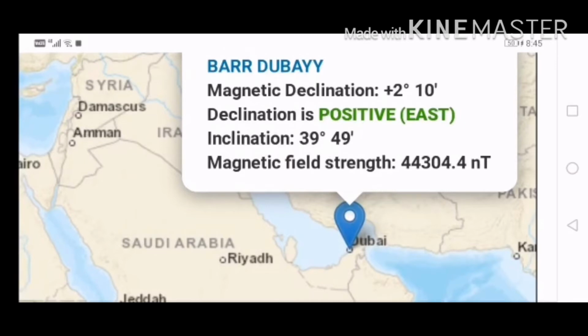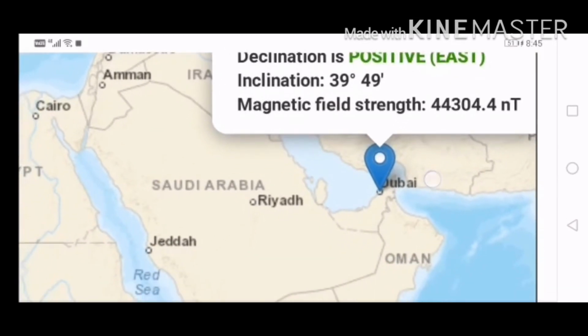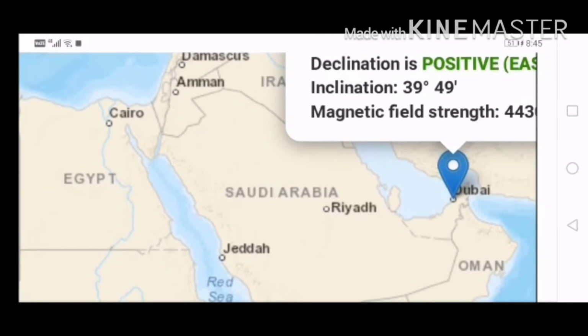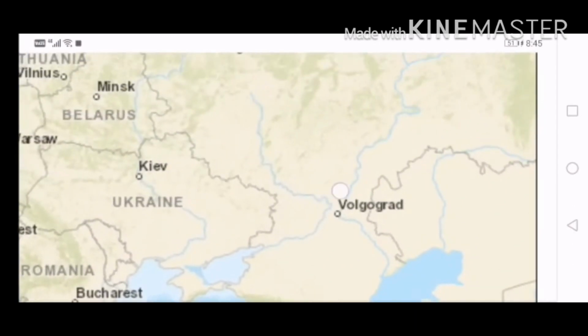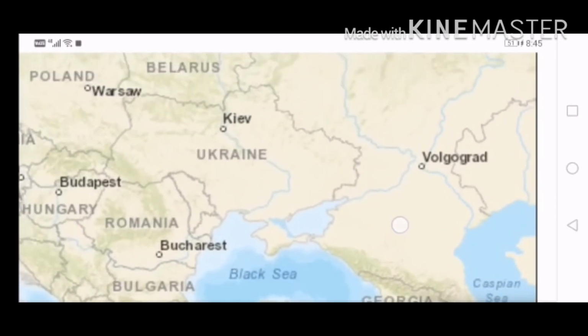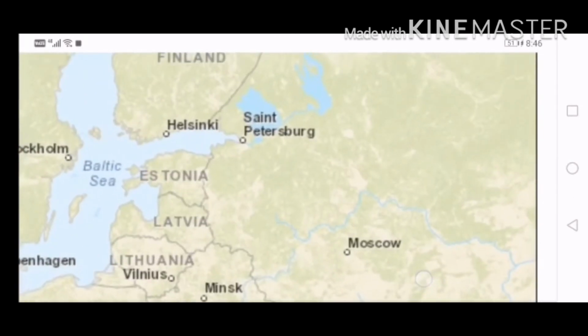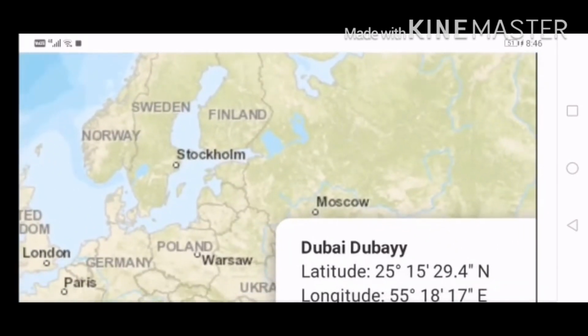And the magnetic field strength is 44,000 nT, which is a very small amount. If we go up, for example, let's take Russia. Where is Russia? Here it is.